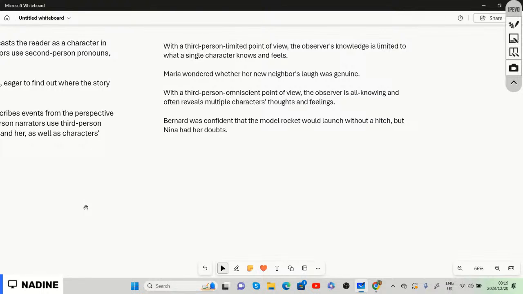And then we also have third person limited point of view, where the observer's knowledge is limited to what a single character knows and feels. For example, Maria wondered whether her new neighbor's laugh was genuine.